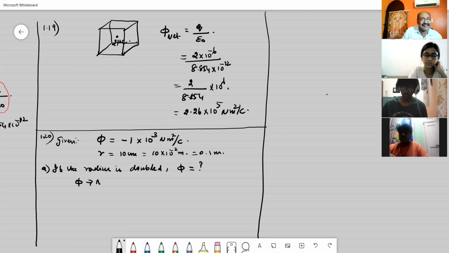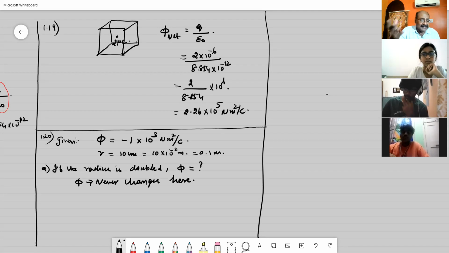Why are we saying that flux never changes here? The flux depends only on the charge, and it does not depend upon its size. Since it does not depend upon its size, by increasing the radius, the flux never changes.